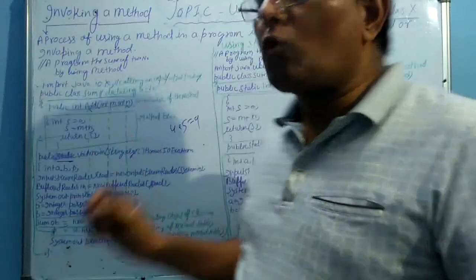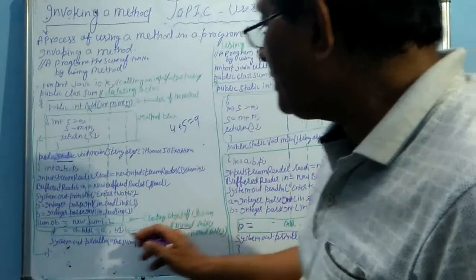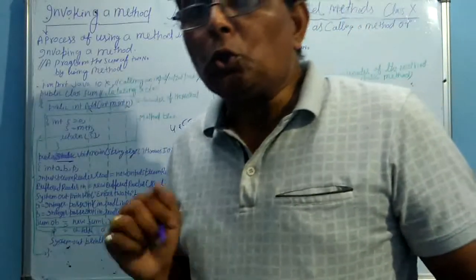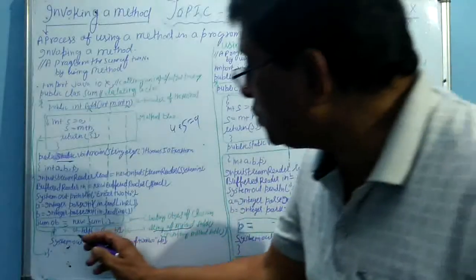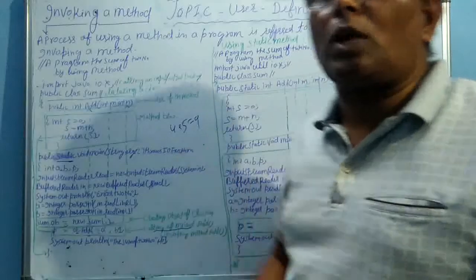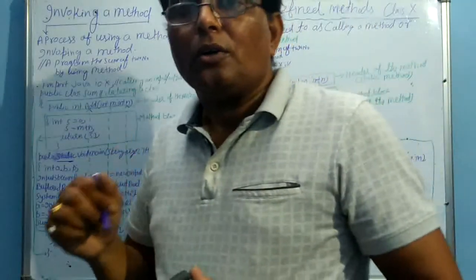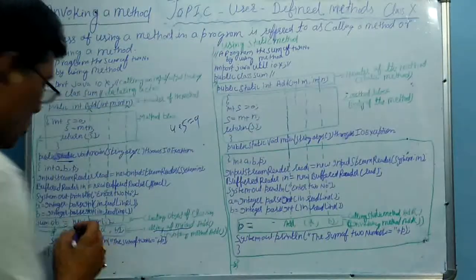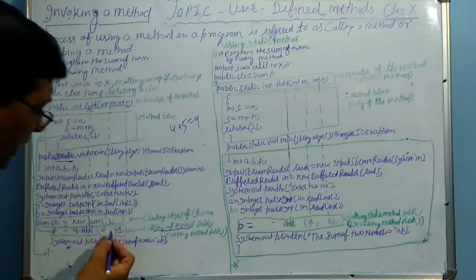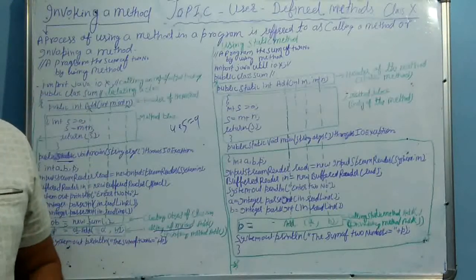The process of calling the method through the object, through this ob, shows how the program will accept the value of the integers.